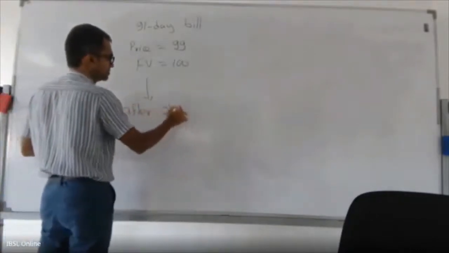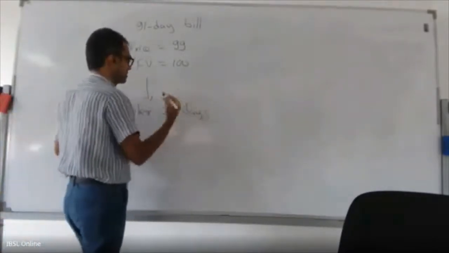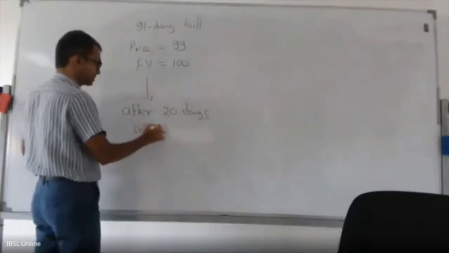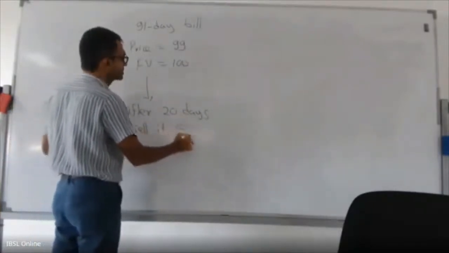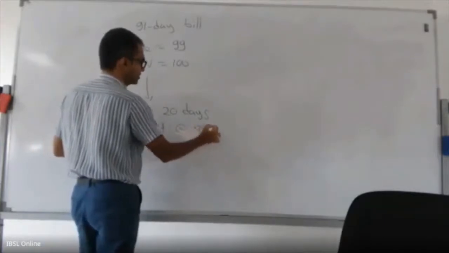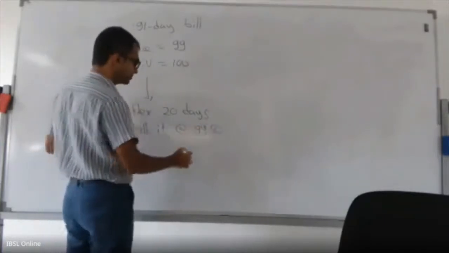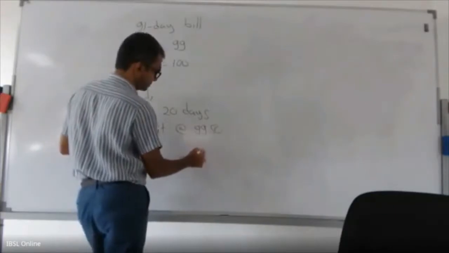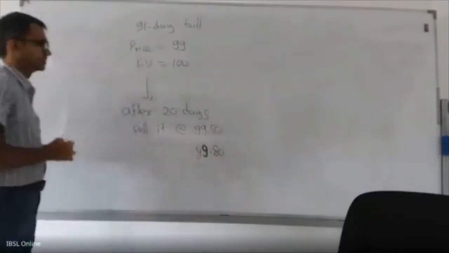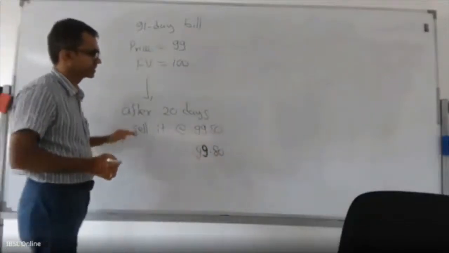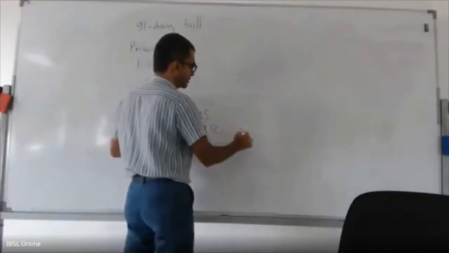After 20 days, the investor sells it at 99.50. In another case, 99.80. At these two instances, calculate the rate of return.